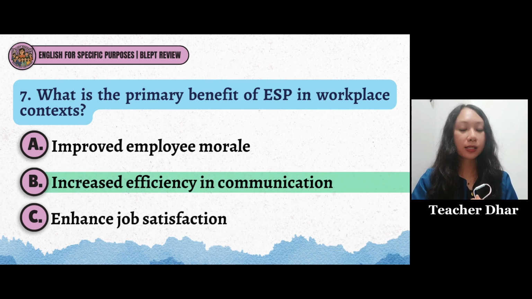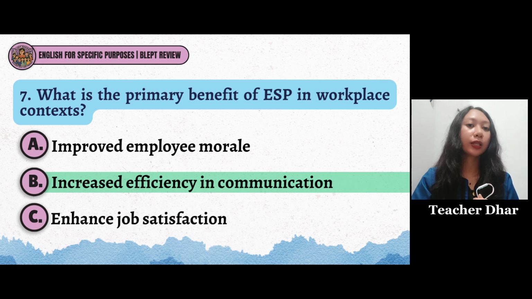Because in workplace contexts, the primary benefit of ESP is to increase efficiency in communication among employees, clients, and stakeholders. ESP often helps employees to understand and use specialized vocabulary and terminology, also communicate effectively in meetings, presentations, and reports.